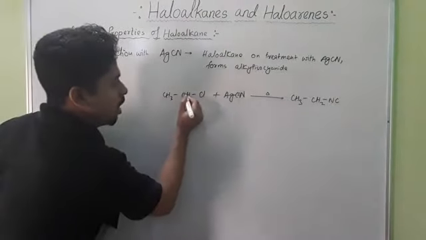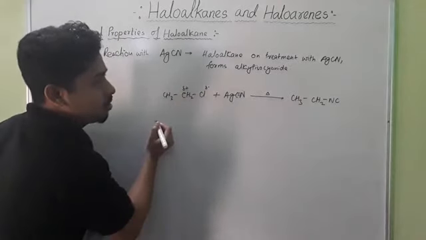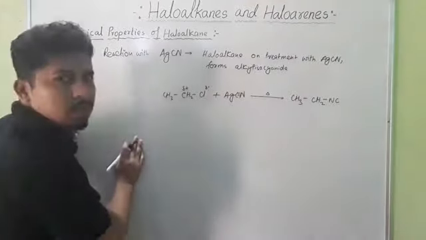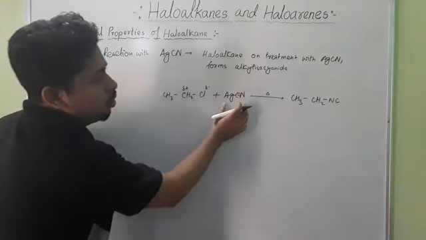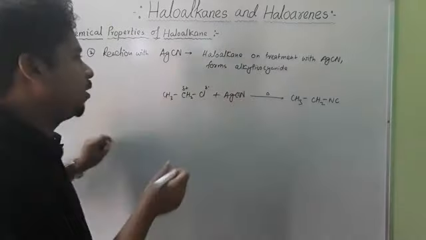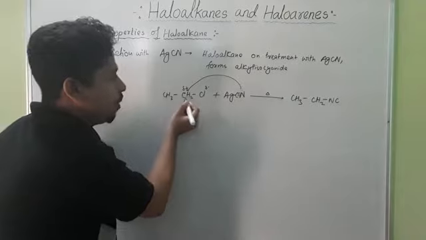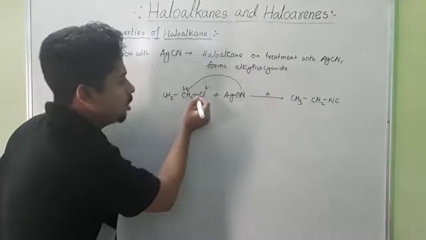In this bond, Cl is delta minus and carbon is delta plus, so carbon is electron deficient. From this molecule, the maximum electron density is over nitrogen, so this nitrogen will attack this carbon. As a result, the valency of this carbon will increase and consequently this bond will break.